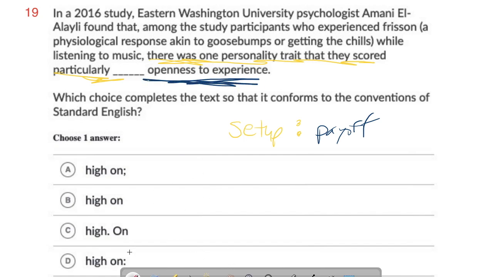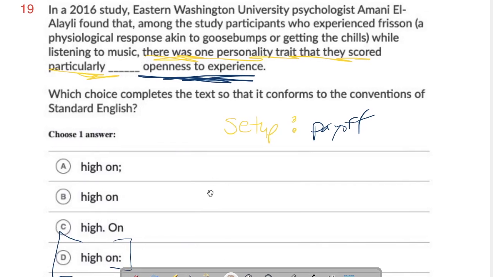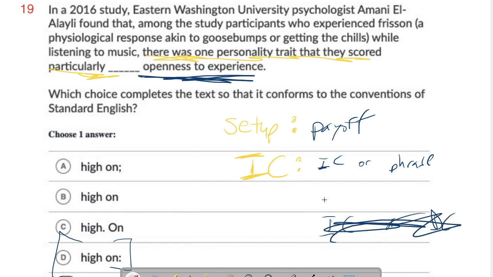Okay, and so that is a scenario in which we would want to use a colon. Possibly a dash, but generally a colon. The thing about the setup is that it needs to be an independent clause, but the payoff can be, and here I'm going to be a little more precise than I've been in the past, an independent clause or a phrase. I was sloppy in the past and I would write independent clause or dependent clause, but generally you wouldn't have a dependent clause.